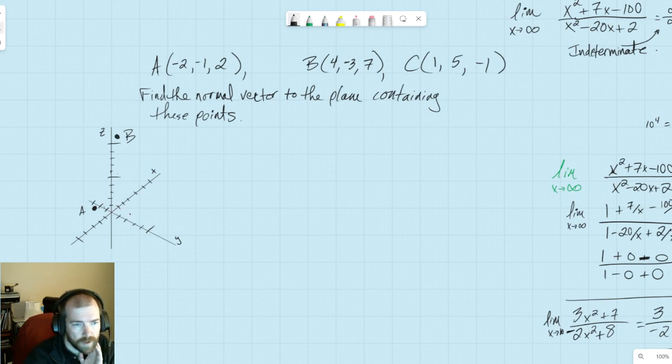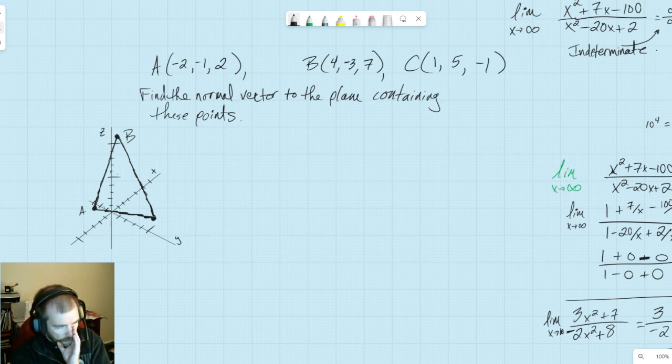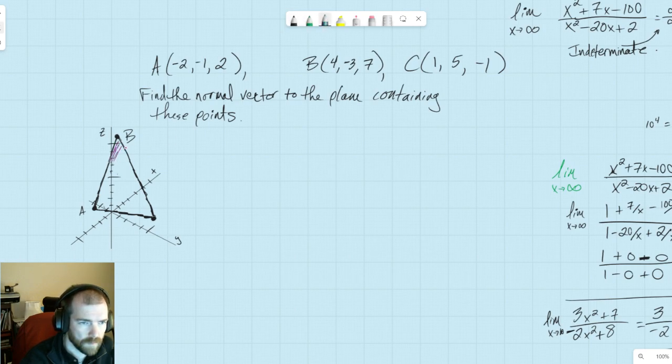And C is going to be 1, 5, 1. Roughly speaking, something like that. Okay.